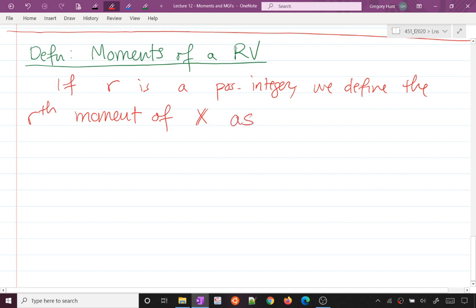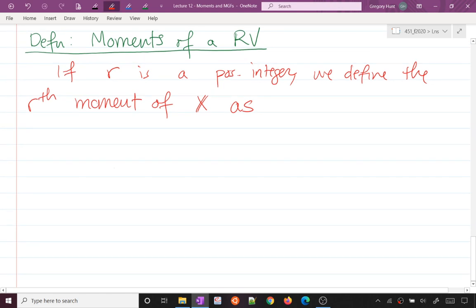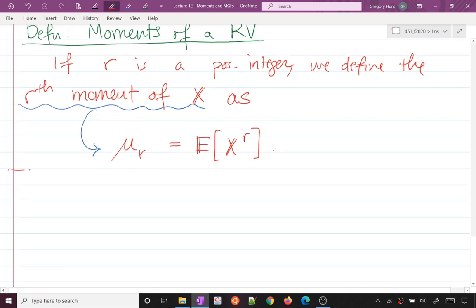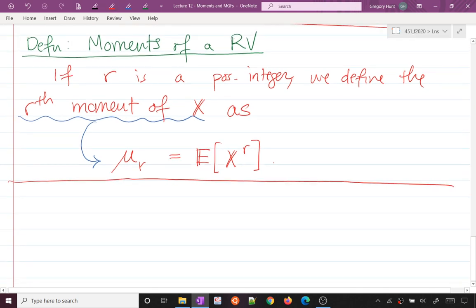The notation is typically mu sub r. And mu sub r is the rth moment of x. So the rth moment of x, that is mu sub r, is defined as the expected value of x to the rth power. So that's our definition. Moments of the random variable are just expected values of powers of that random variable.